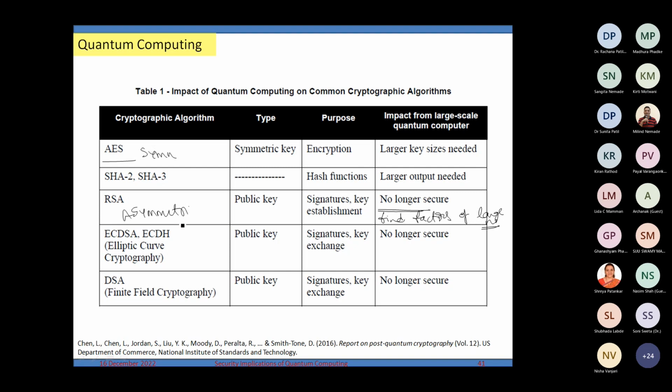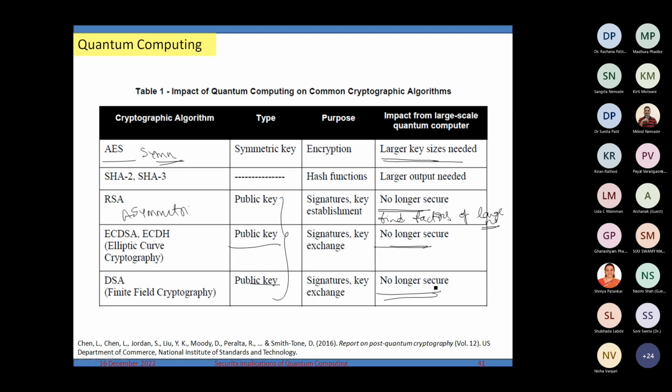And hence, obviously, all other public key algorithms would no longer be secure. Is it that quantum does not have impact on the symmetric? Of course, there is impact, but you can increase the key space of symmetric encryption algorithms and make them secure. But when it comes to public key, all these algorithms would no longer be secure.